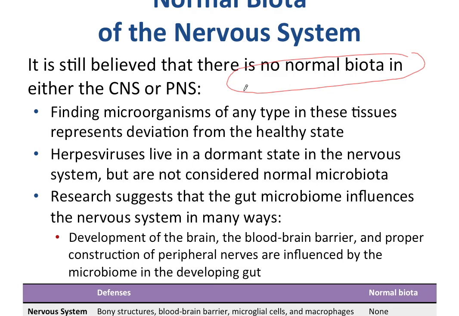It cannot let bacteria and immune cells stay there, because those cells' functions will damage the nervous system.